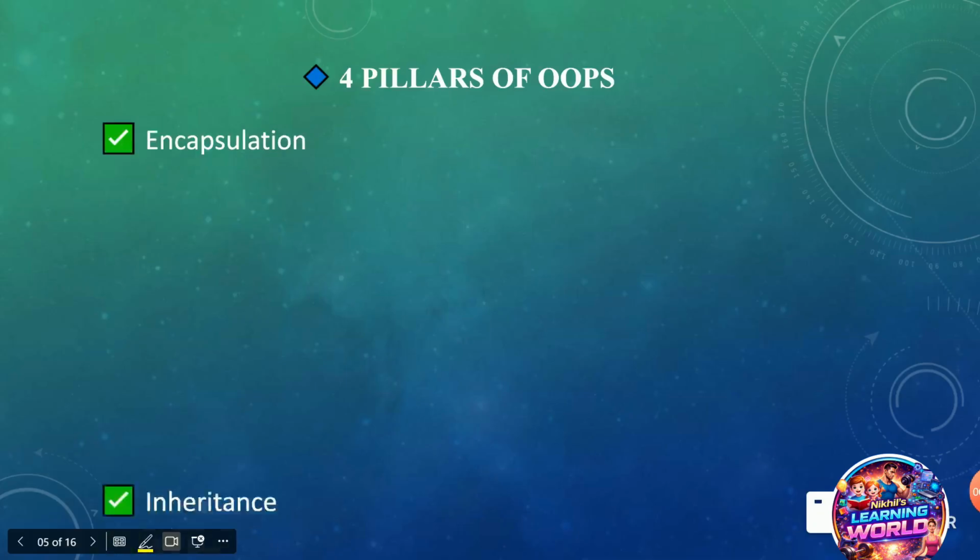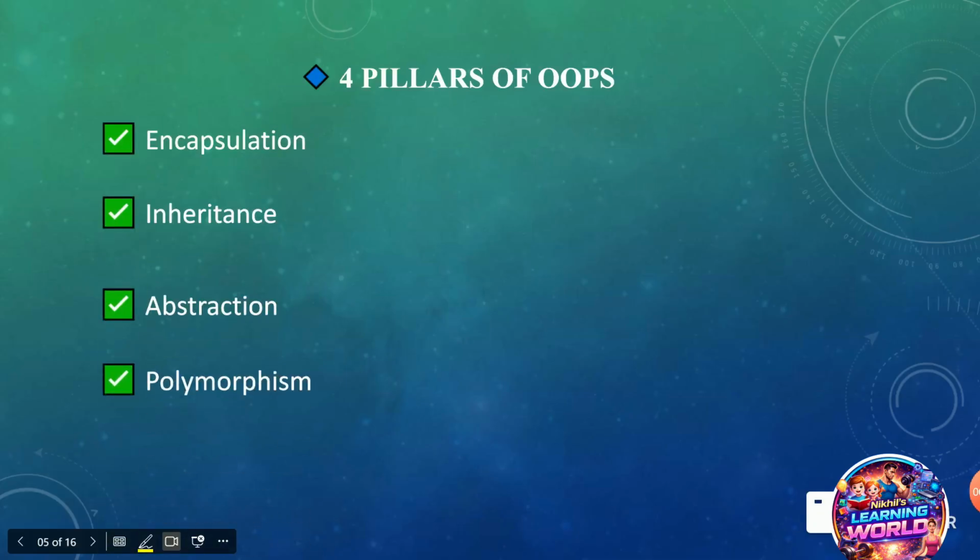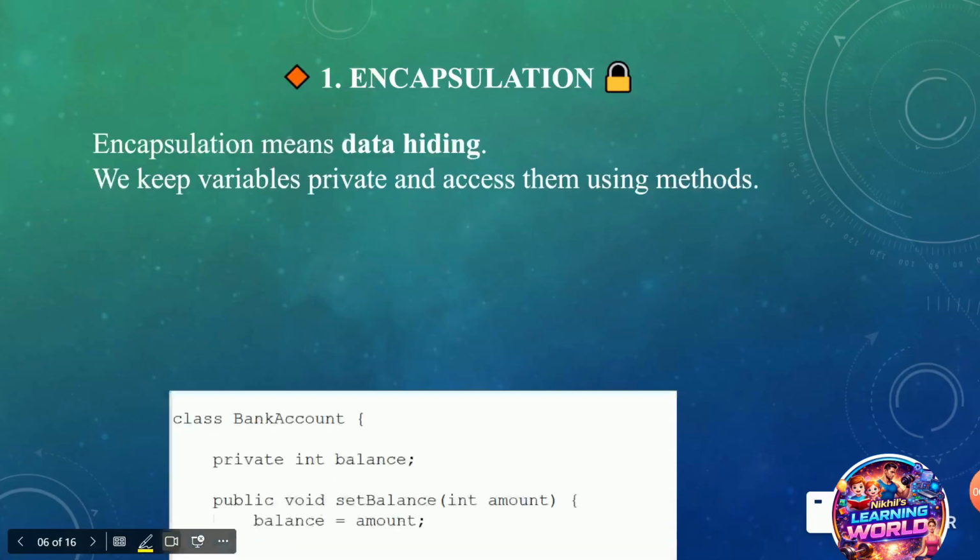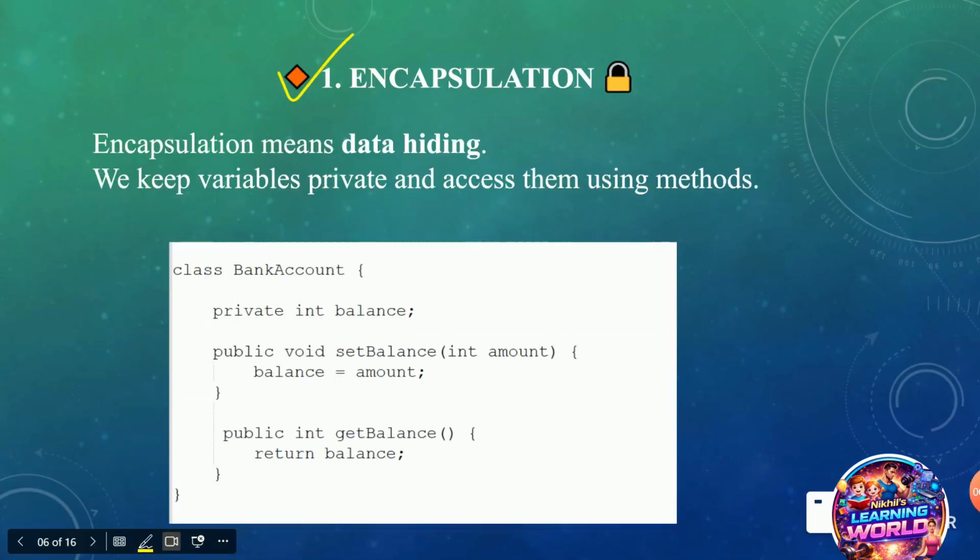There are four basic pillars of OOPS concept. The first one is encapsulation. Its name suggests encapsulating the data, so encapsulation means data binding. We keep variables private and access them using methods. For example, class BankAccount with an integer balance that is private, and a function setBalance passing an amount of integer type, with balance equal to amount.